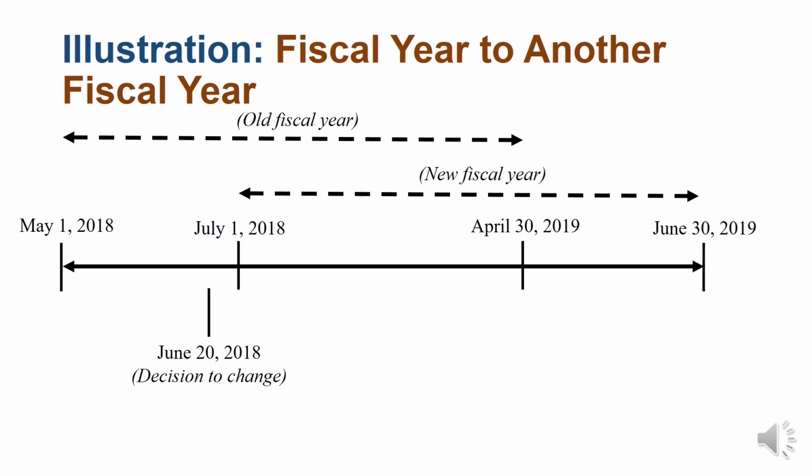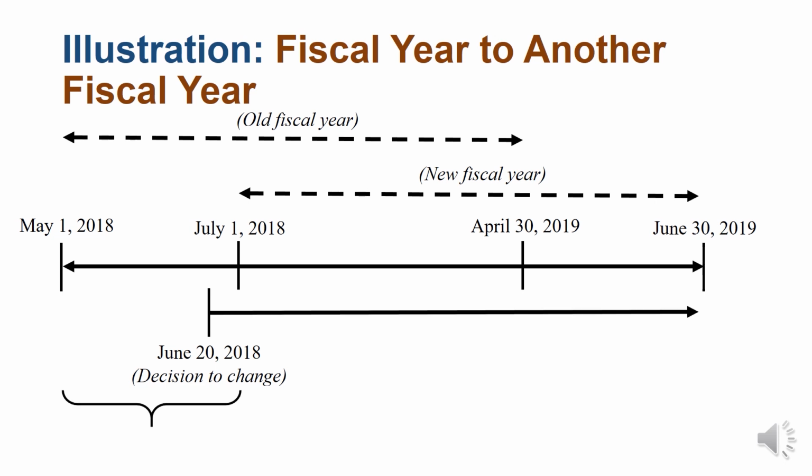Okay, so since there is a change from fiscal year to another fiscal year, it means to say that the incomes from May 1, 2018 to July 1, 2018 can no longer be part of the income or the return to be filed on July 1, 2018 to June 30, 2019, right? So therefore, there must be a separate adjustment return covering May 1 to June 30, 2018.